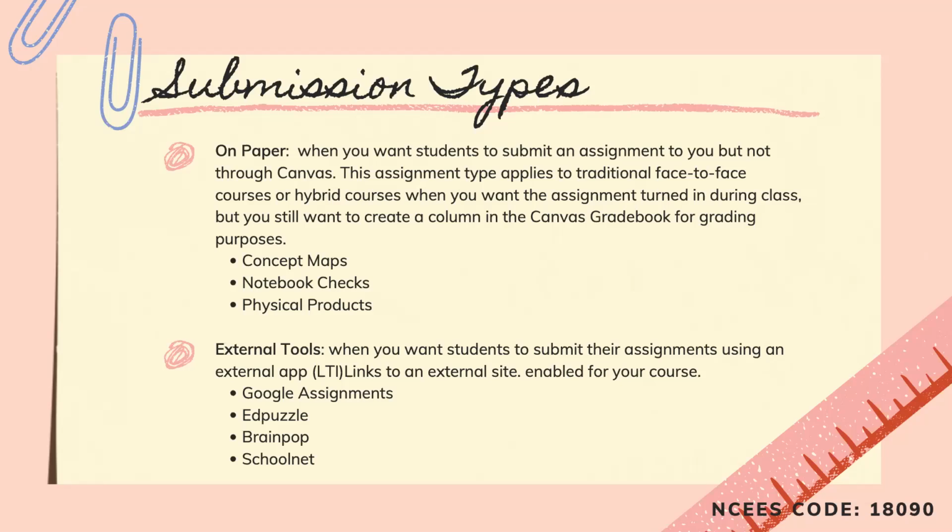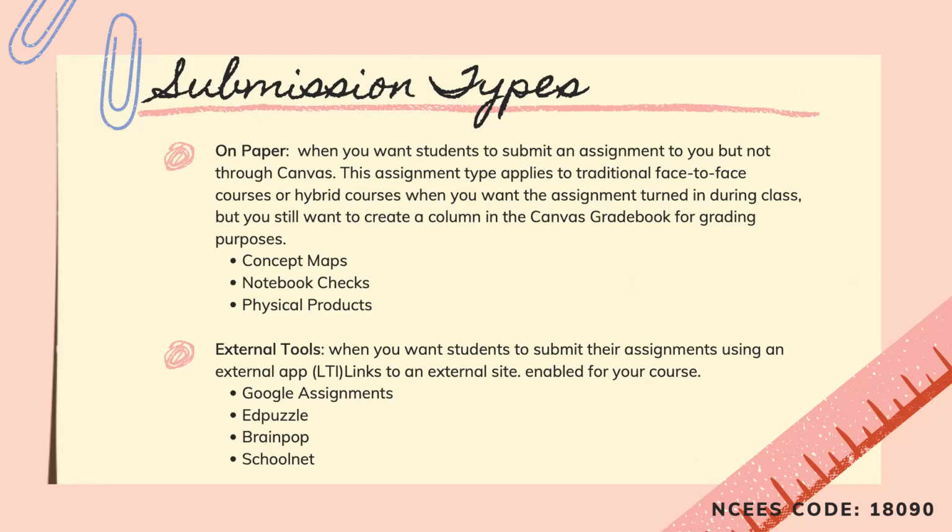Also, I know I had my students do concept maps. So things you don't want your kids to be on a computer doing, where they need to write, they need to draw and map this out, because we know that there is a strong correlation between writing and memory. So then I may make this an on-paper assignment because I need my student to do a physical product.